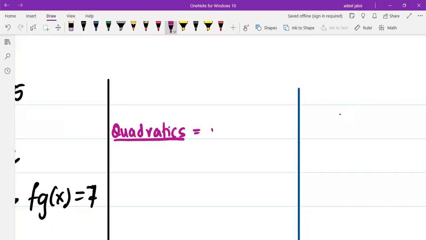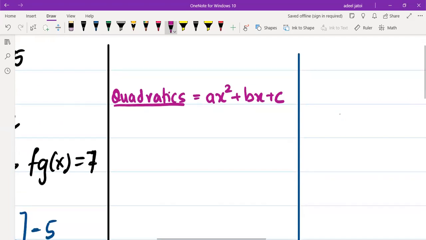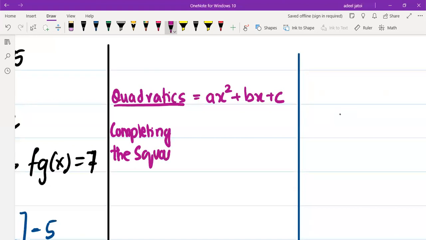Your quadratic equation is normally in the form of ax squared plus bx plus c. You should know that the quadratic equation is somehow compared to the completing the square form, which is a(x minus h) whole squared plus k.